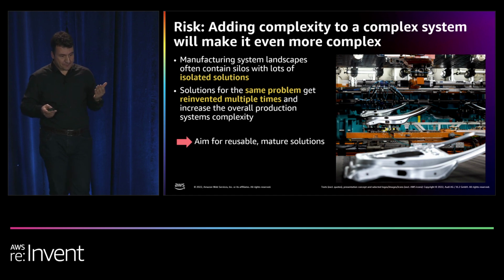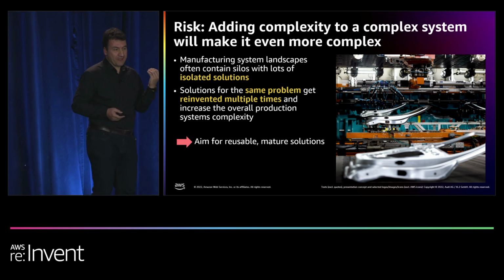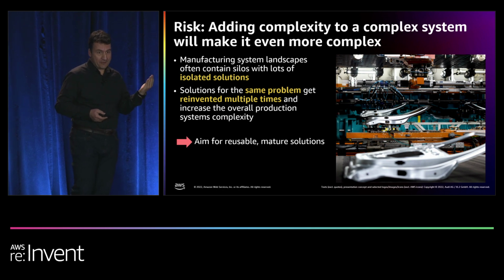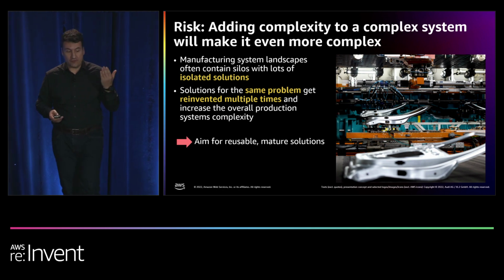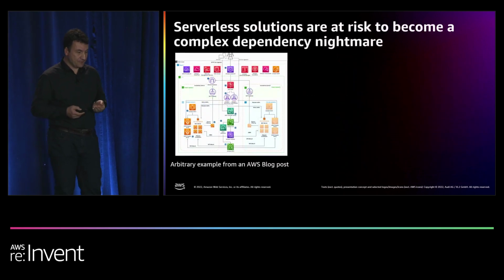So if we invent new things that were not there before, this is good, but if we reinvent things, those should be standardized or candidates to get standardized, and we should aim for reusable and mature solutions.